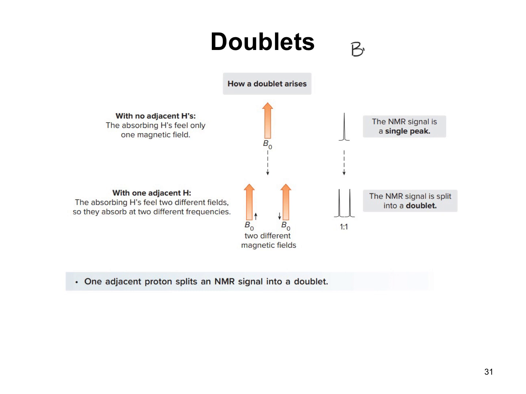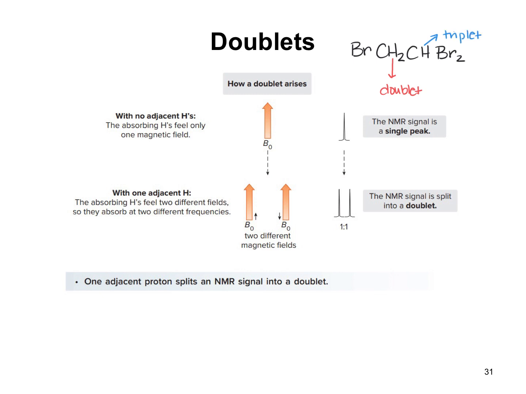So let's look at that a little more specifically. So we have a Br CH2 CHBr2. These protons right here show up as a doublet. This proton right here shows up as a triplet.